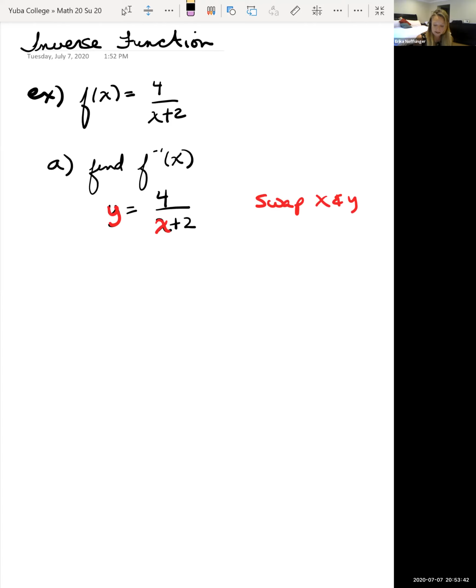So instead of y equals, we have x is equal to 4 all over, I see an x there, I'm going to replace it with y plus 2. And so now we want to solve for y.